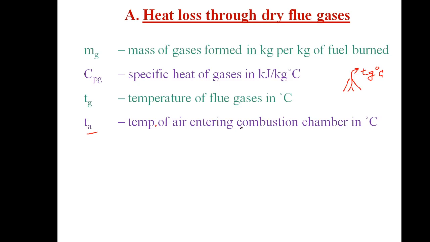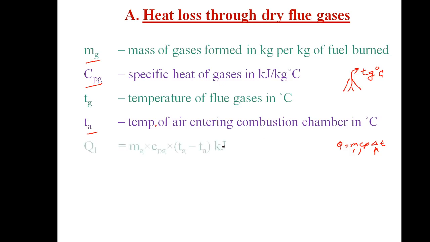So now how to find out the amount of heat carried by flue gases? Generally we know Q is equal to M Cp delta T. M is the mass of gases, Cp is specific heat, delta T is change in temperature. So here Mg is the mass of gas, Cpg is specific heat, and delta T means the difference of temperature, Tg minus Ta. So this much heat is carried along with the flue gases into the atmosphere.